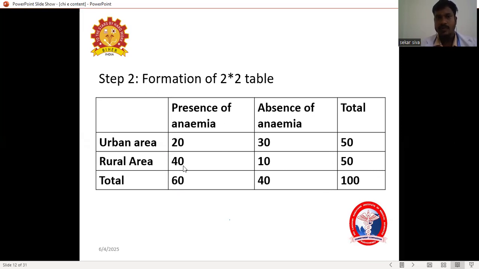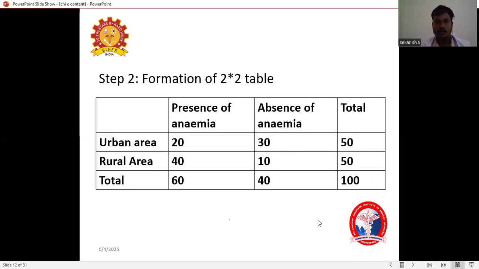The remaining 40 will be rural area residents with anemia. In the urban area, totally 50 members, and 20 were already anemic, so the remaining 30 will be anemic free. In the rural area, 40 were anemic patients, so 10 are non-anemic patients.